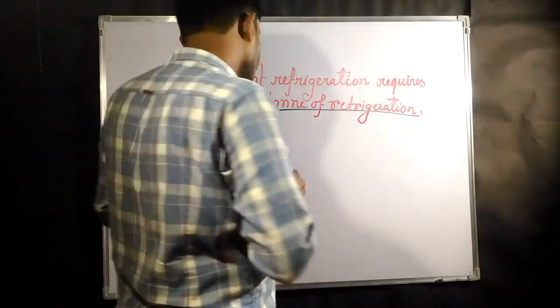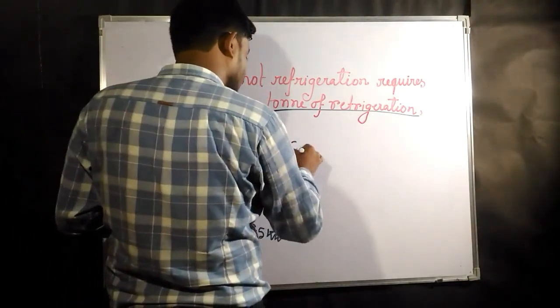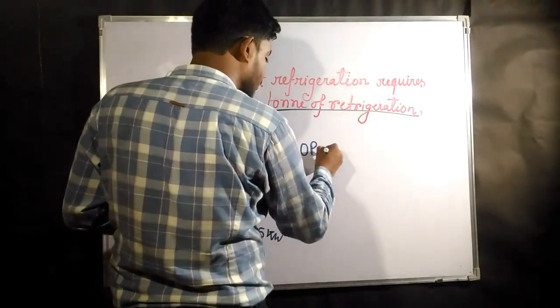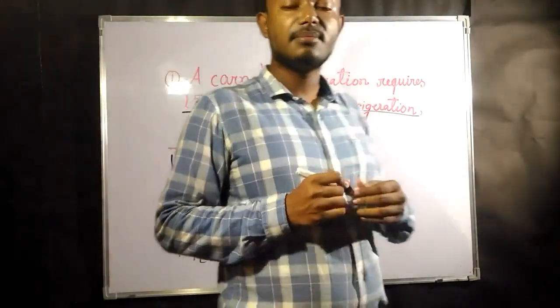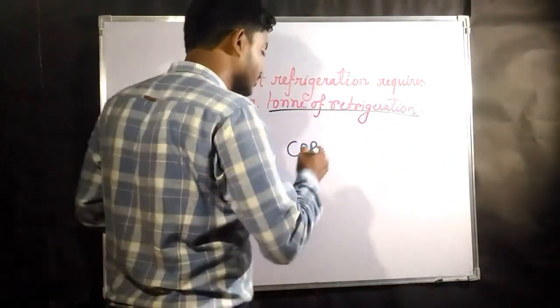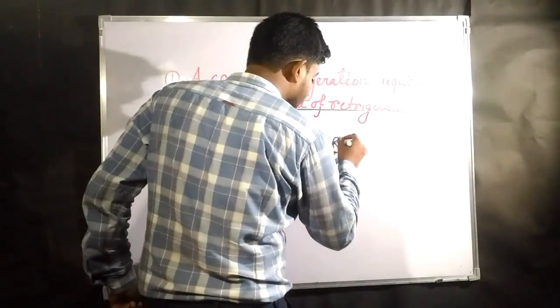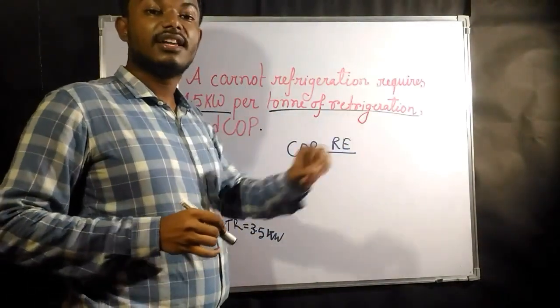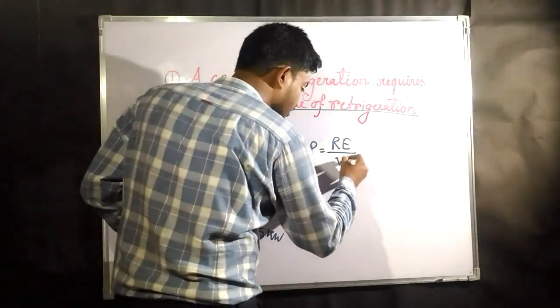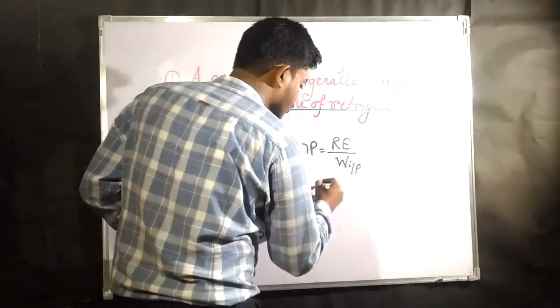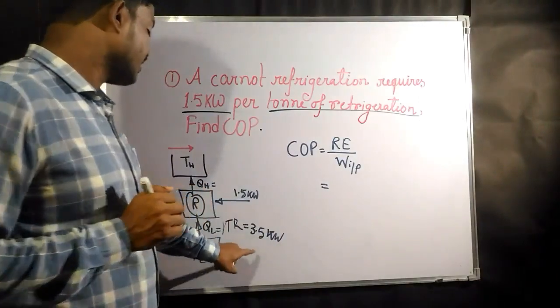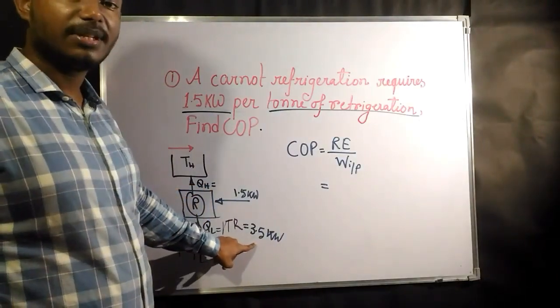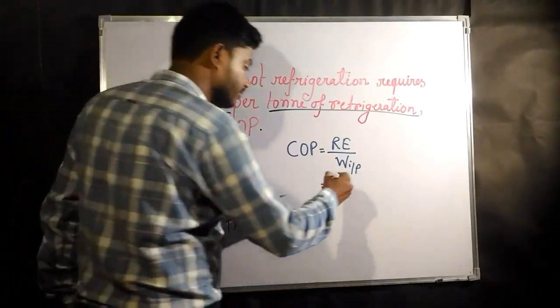Now to find out the COP. COP is the required effect divided by the amount of energy we are giving in as input, that is, the work input. The required effect here is the amount of heat that has to be taken out, which is 3.5.